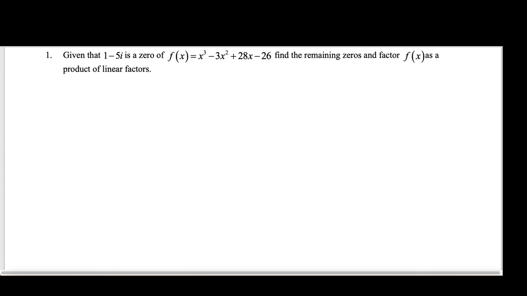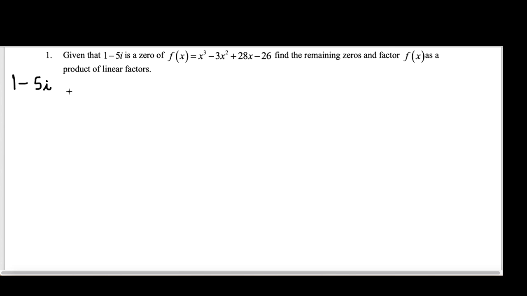Okay, so first of all, this polynomial function is a third degree polynomial. And so according to the number of zeros theorem that we just looked at, that means this function will have exactly 3 zeros. Furthermore, one of the zeros is just flat out given to us. The zero 1 minus 5i is given to us, right?